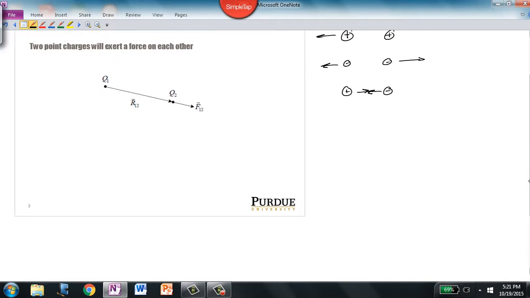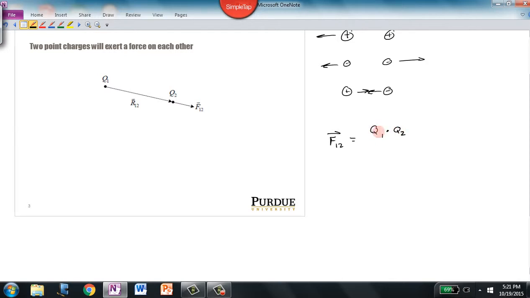So if we were to write this out, Coulomb's law, we would say that if we've got two charged particles, Q1 and Q2, the force acting on Q2 by particle Q1 at a distance of R12 is given by F12, the force, it's a vector, meaning it's got a magnitude and a direction, that is equal to Q1, which is just a scalar quantity, times Q2, another scalar quantity.